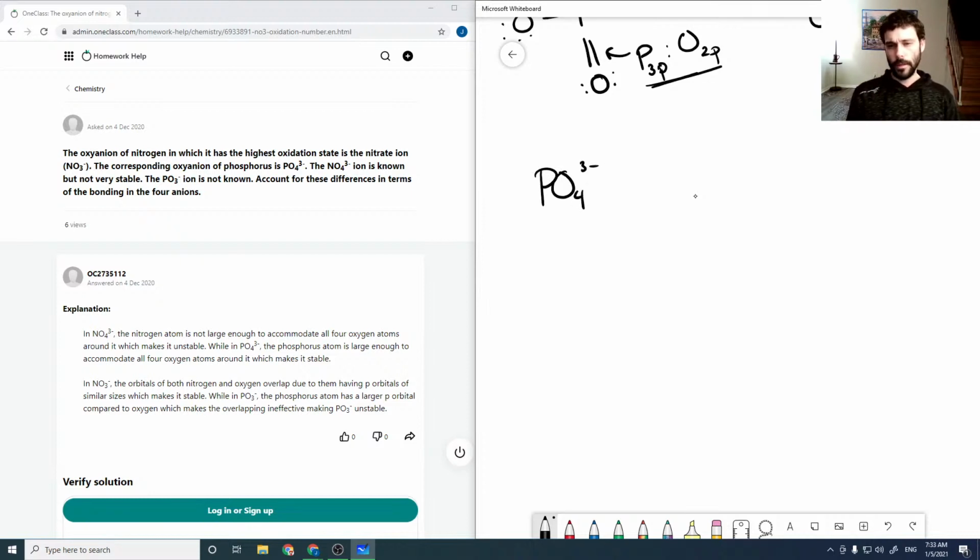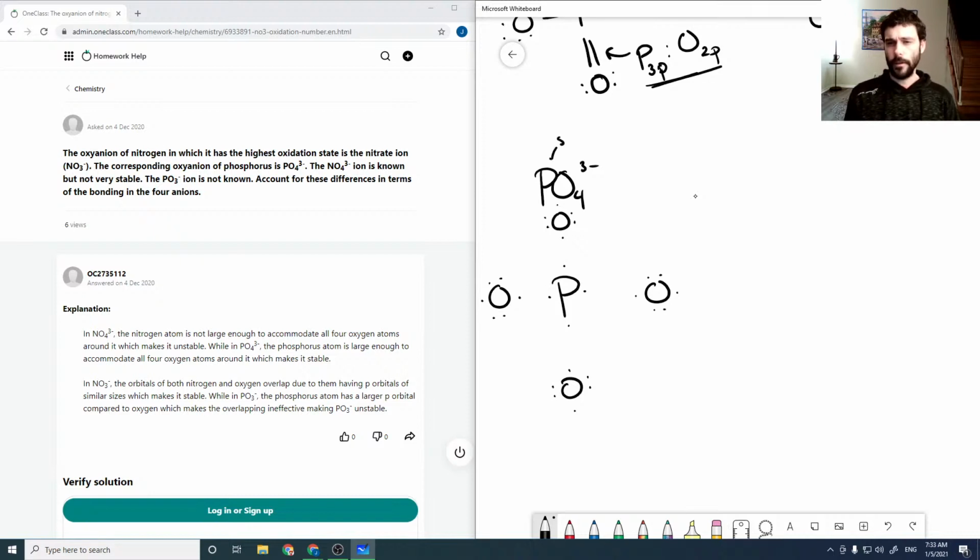Okay. And then, so now looking at PO4 3-. In this case, we've got our phosphorus, and our oxygens are going to surround it. Okay, and our phosphorus, I'm going to give 4 electrons. So how many do we need here?